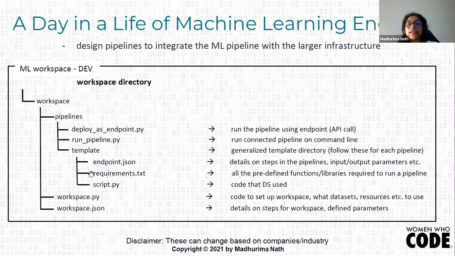This template is a very generalized version which you would replicate throughout, like predict or, let's say, model output or input. So if it is for the predict pipeline, it will have an endpoint.json file, and this file will have details on what my input output parameters are, what steps I am following. It's a JSON file with all these string values.